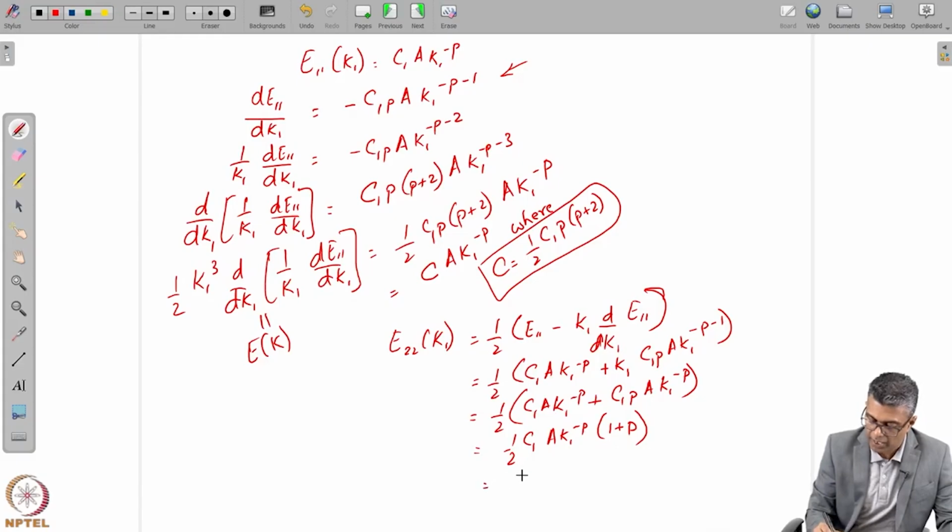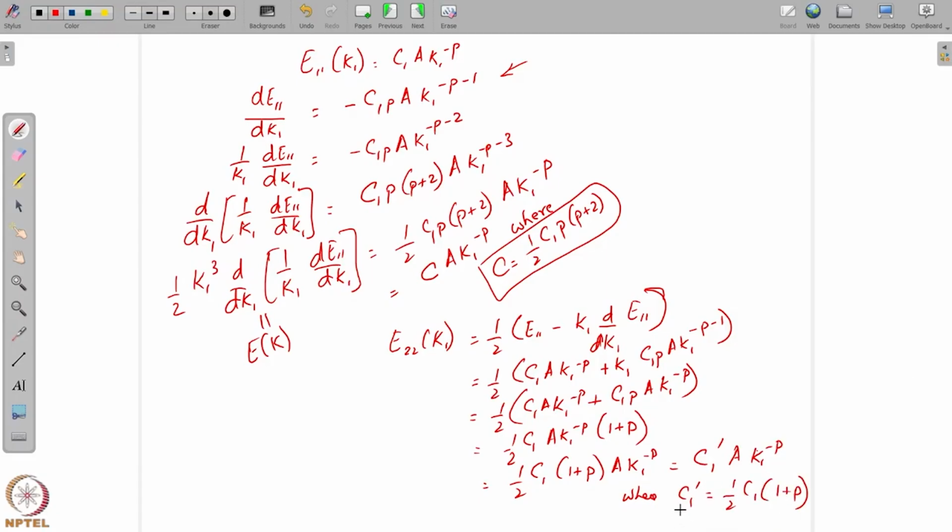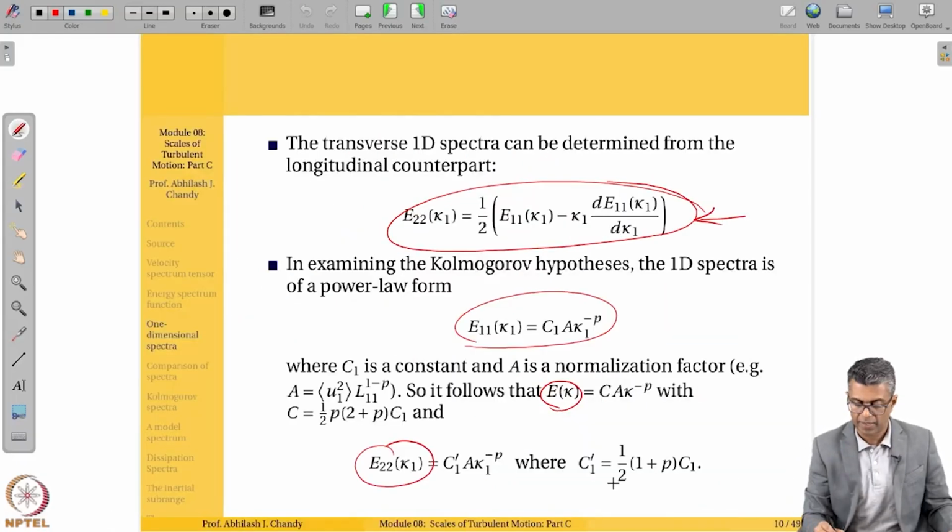So essentially what I have is half C1 (1 plus P) A kappa 1 to the minus P. I can write this as C1 prime A kappa 1 to the minus P, where C1 prime is half C1 (1 plus P). That is exactly what I had here.